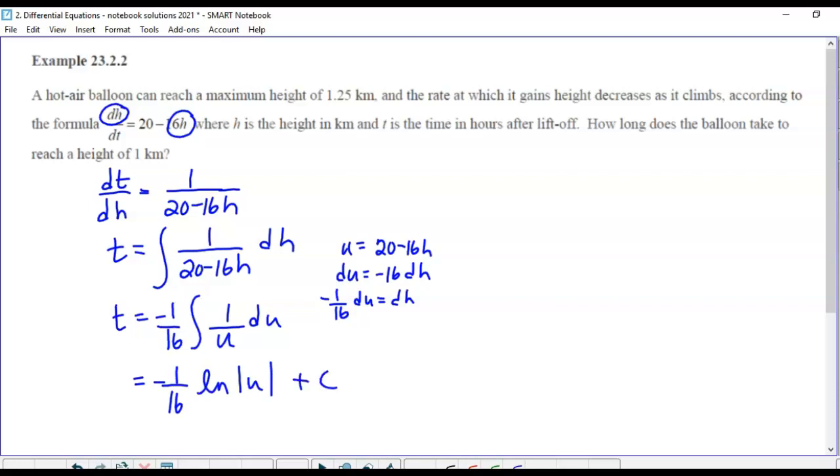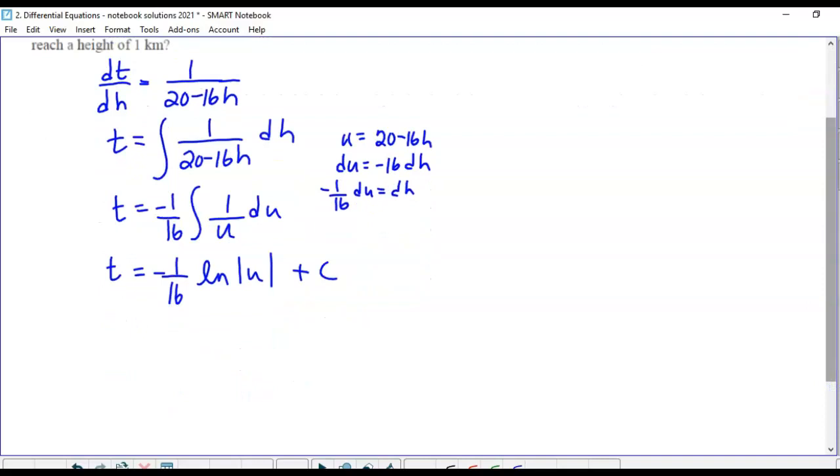And then, substitute back in. Okay. And just remember that we've got absolute value.